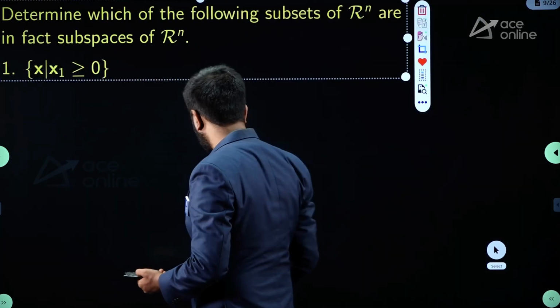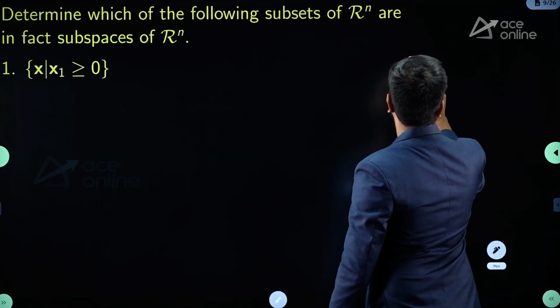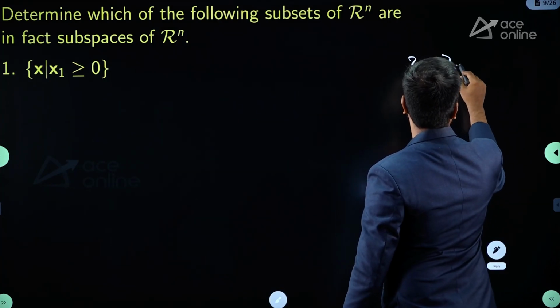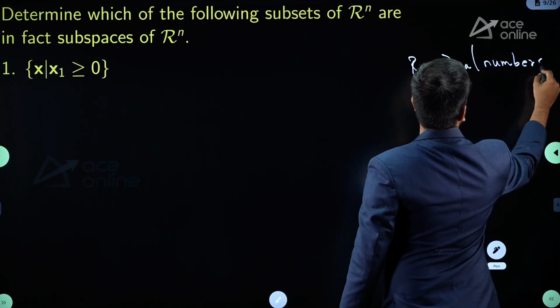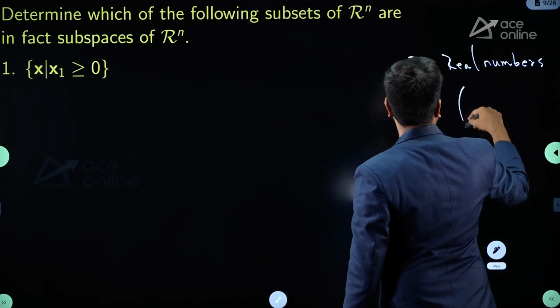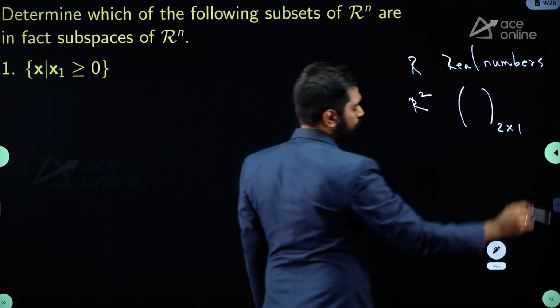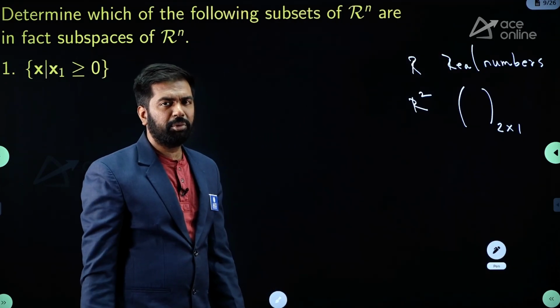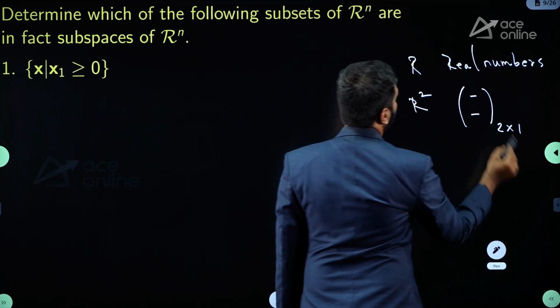Students, R denotes the set of real numbers. If someone says R square, they are basically talking about a 2 cross 1 vector, where there are two components like this.